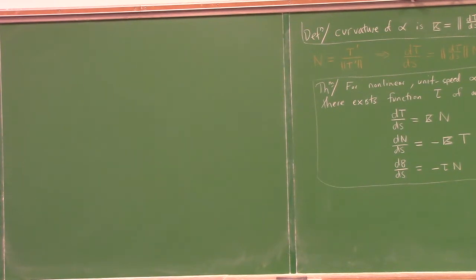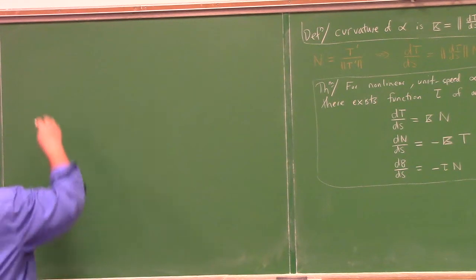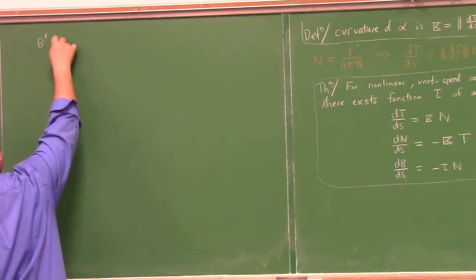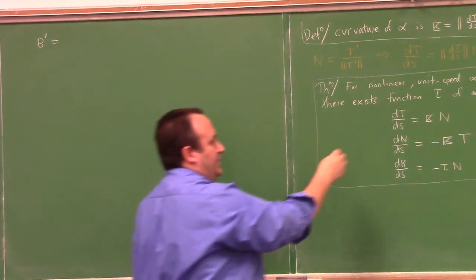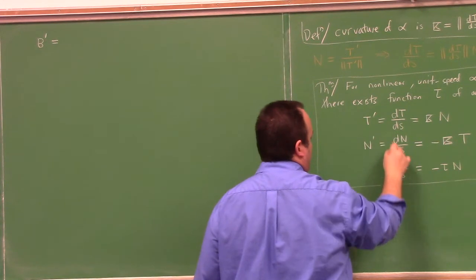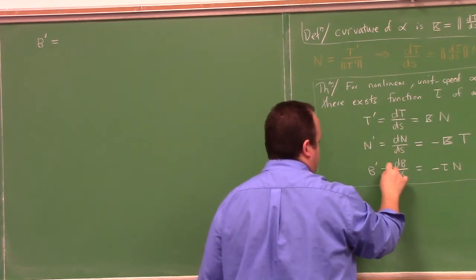Make sure I do the right one first. Okay, so I'll look at B prime first. I'm going to use T prime, N prime, and B prime here because it's easier to write.